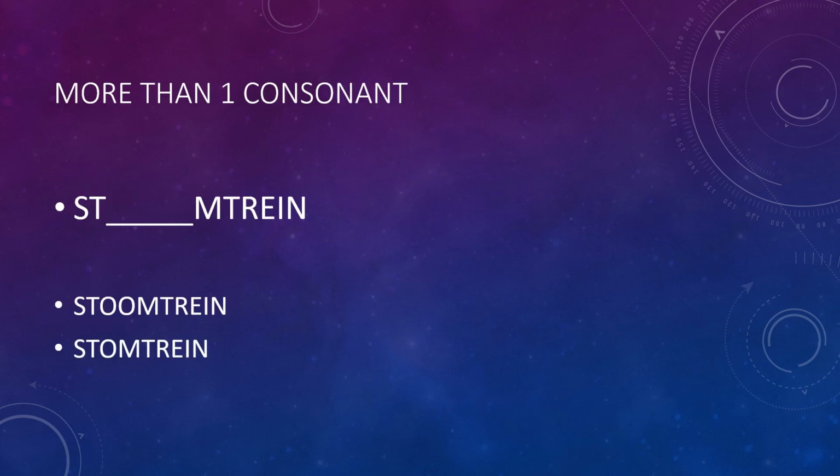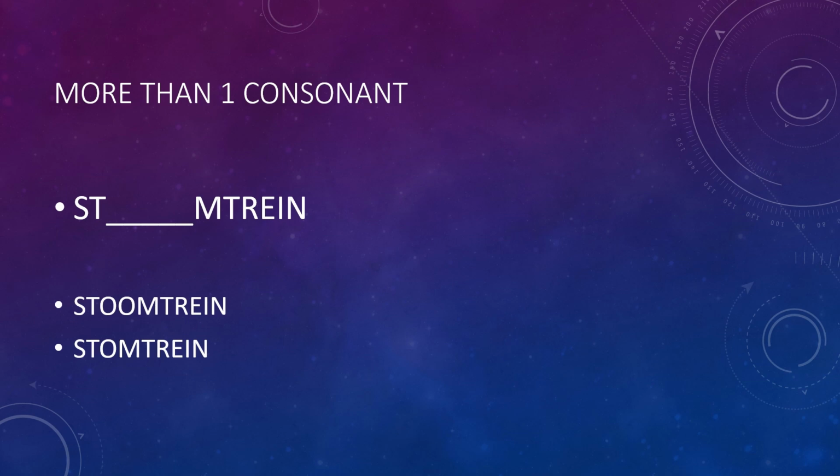In our second situation, we can see that there is more than one consonant following. So we see the M, the T, and the R. This is a composed word coming from one word, stoom, and on the other one, trein. This word is combined, so we can see that there is more than one consonant. In this case, we are also just going to check if it's a long or a short sound.